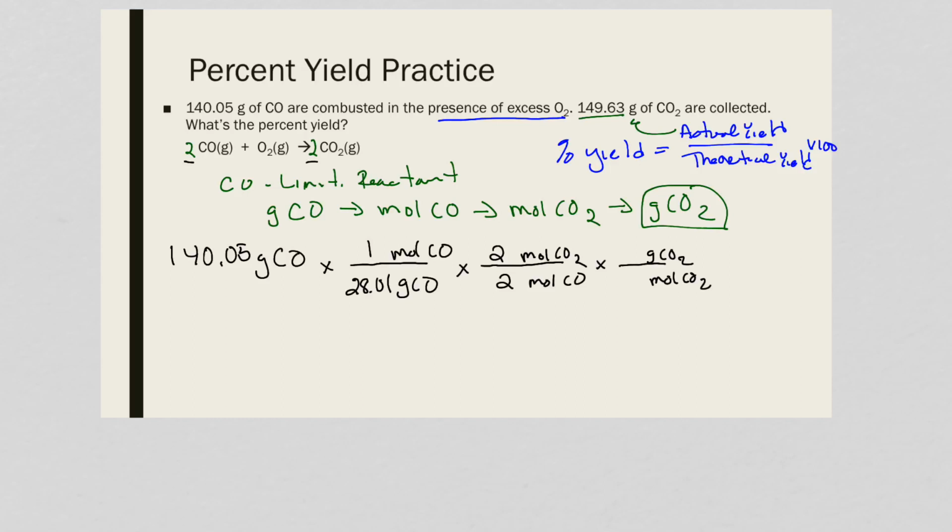And that's 44.01 grams per every mole. And if we check our dimensional analysis, we see grams of CO cancel here and here, moles CO here, moles of CO2 here, and we're left with our desired quantity of grams of CO2.